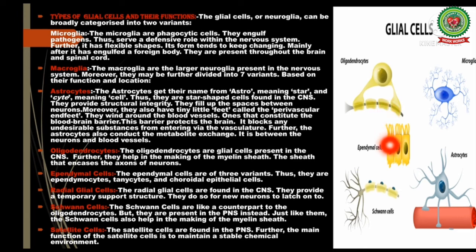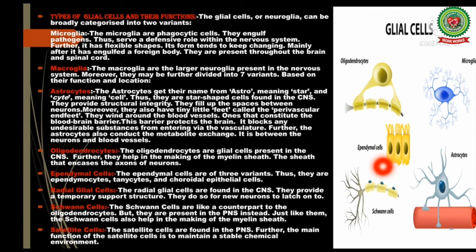Then there are ependymal cells. Ependymal cells are of 3 variants. Thus, they are ependymocytes, tanycytes, and choroid epithelial cells. Radial glial cells. The radial glial cells are found in the central nervous system. They provide a temporary support structure for new neurons to latch onto. Schwann cells.